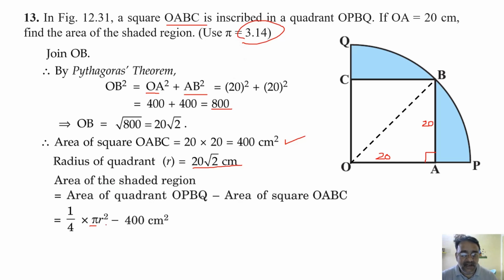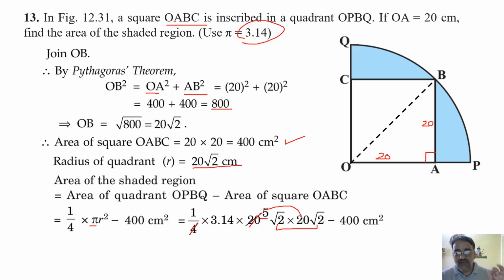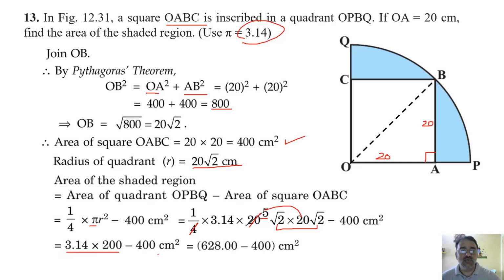And the value of r is 20 root 2. Okay. Right. So here we cancelled 20 with 4, and got 5. Now root 2 into root 2 is 2. Right. And this is 100. So we'll get 200. So 200 into 3.14. So 628 minus 400. So we'll get finally 228 centimeters square.